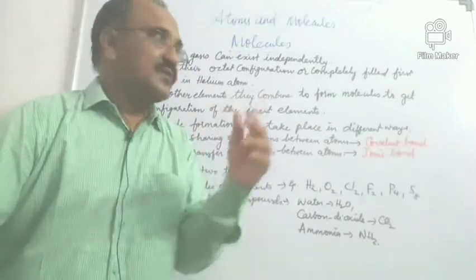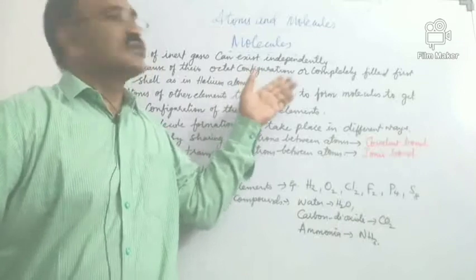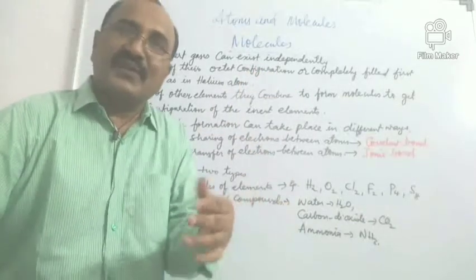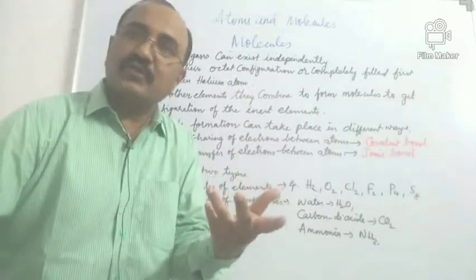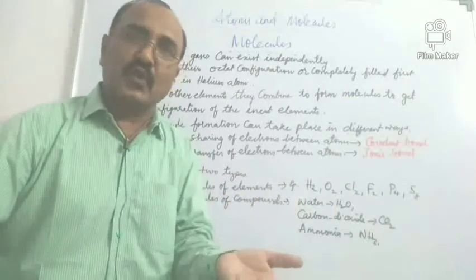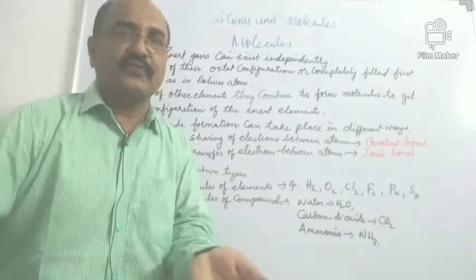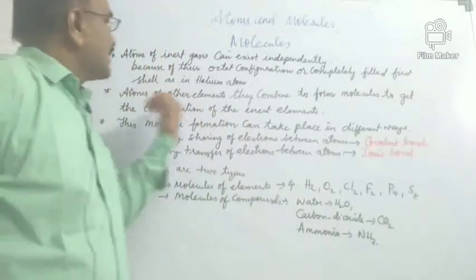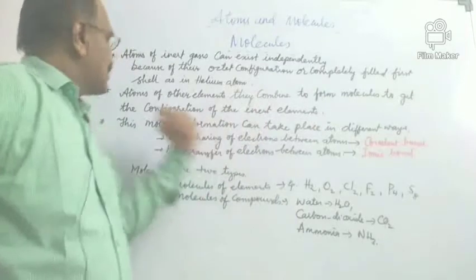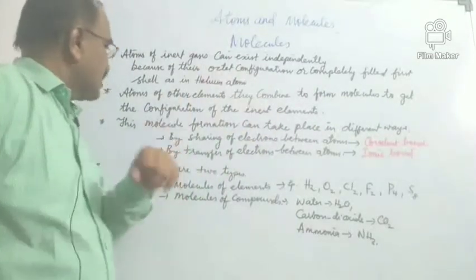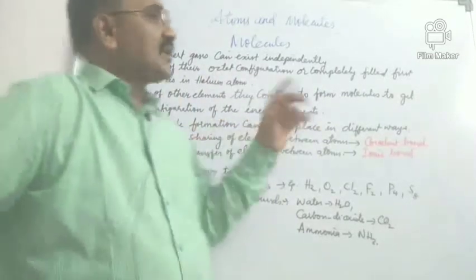So children, they try to get inert gas configuration, that is either 8 electrons in their outermost orbit, which is octet, or in the case of helium it is duplet configuration. Atoms of other elements combine to form molecules to get the configuration of inert gases. Now the molecule formation can take place in two different ways.